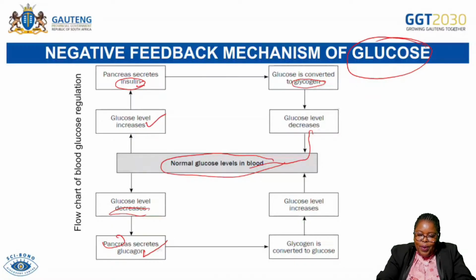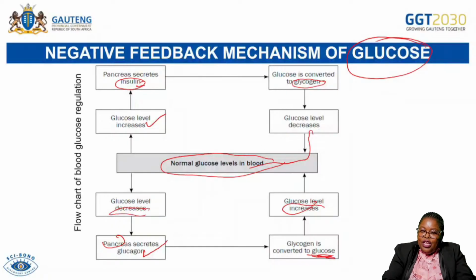So the pancreas secretes glucagon, and then glycogen is converted into glucose. Therefore, the glucose level is going to increase. Remember, it was low. It is going to increase. Then the glucose level comes to normal again. It was low, now it is normal.